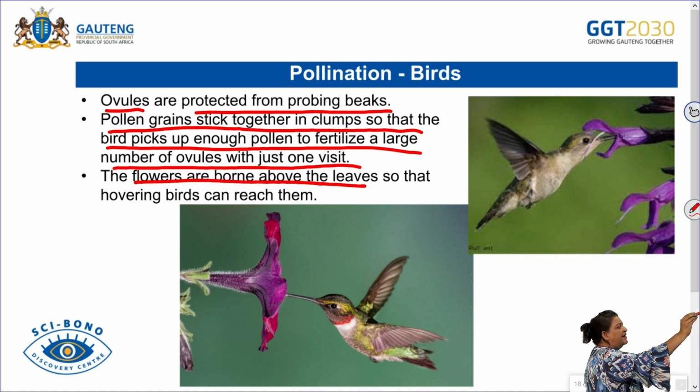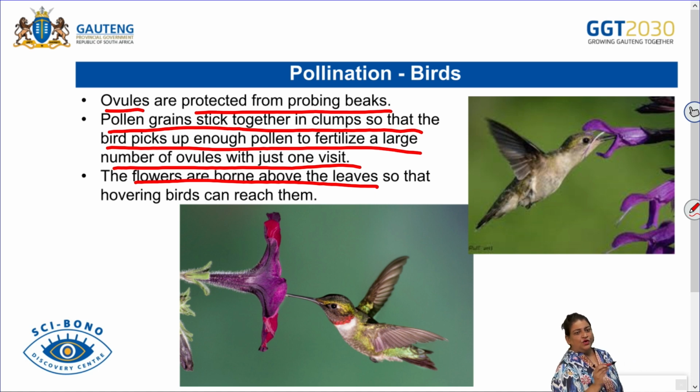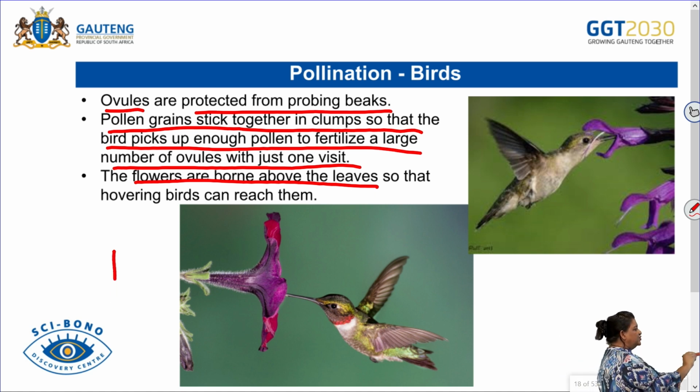Flowers are borne above the leaves. You see that your bird pollinated flowers are not close to the stem, but they're loose, and they hang very low from the stem. So they are low hanging, or the flowers are above the leaves. They stick out from the leaves. So if this is your tree and your leaves, then the flower will hang like that.